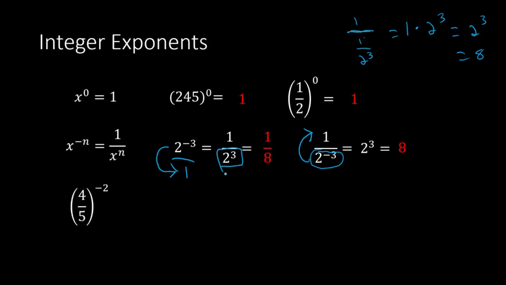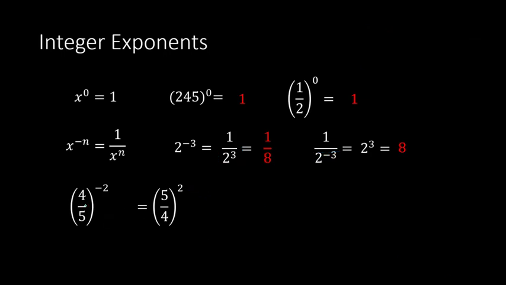Another example, we have 4/5 to the negative second power. The short way of thinking through this is realizing that the negative exponent would basically switch things around. So the short way would be realizing that this would be 5 over 4 to the positive second power. The longer way of thinking of this would be realizing that whatever exponent you have will go with both the numerator and denominator of the parentheses.